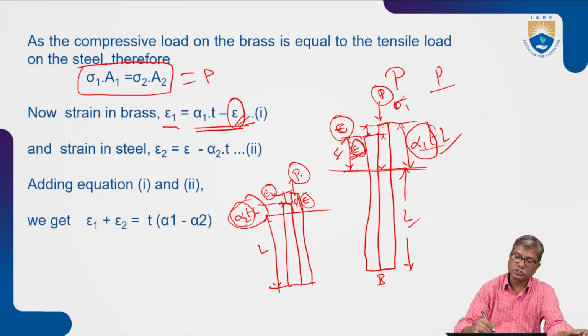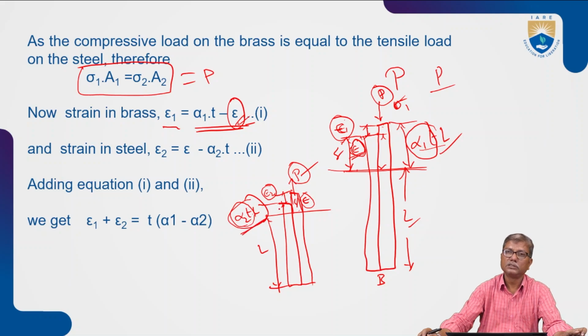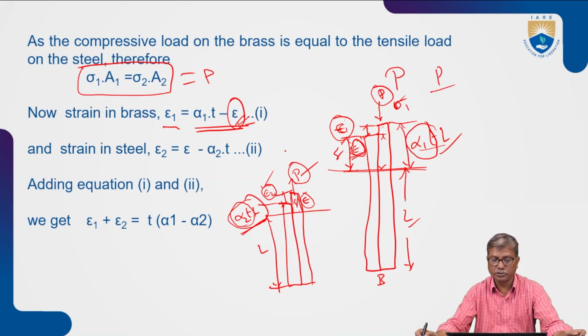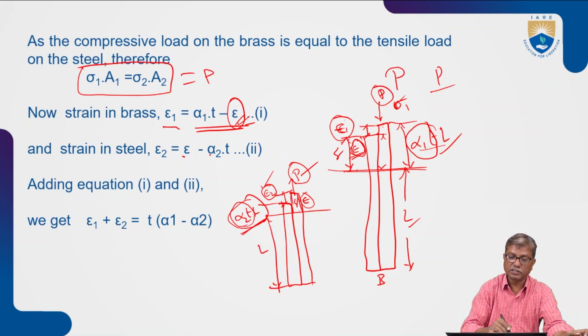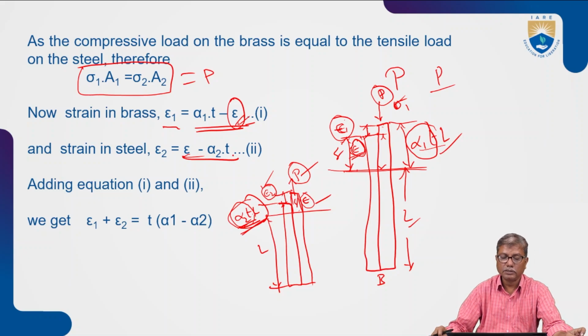That means due to this force P, it will be elongated by some amount beyond the free expansion, and the corresponding strain is epsilon 2, which is given as epsilon minus alpha 2 T.